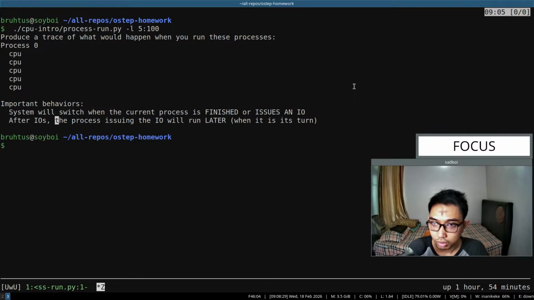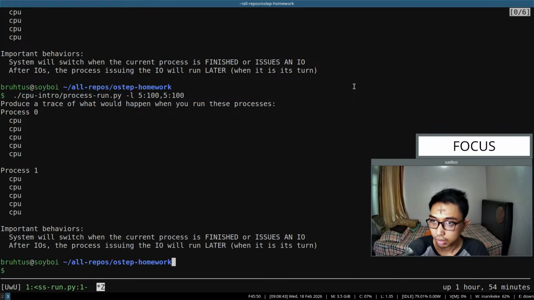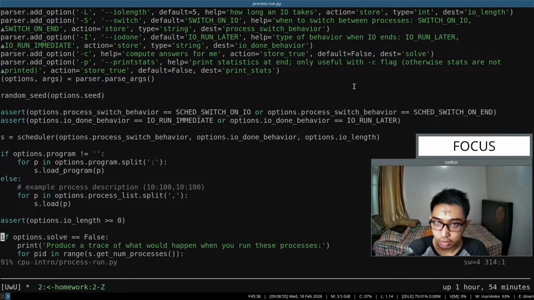After input-output, the process issuing the input-output will run later when it is its turn. Okay, kind of curious. Okay, we have process 0 and process 1. Alright. The process issuing the input-output will run later.